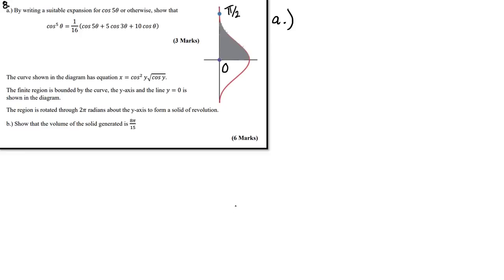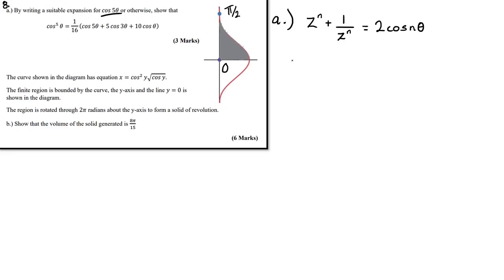Now what I'm going to do to start with is, we're looking for cos 5 theta here, and we want to show this result. So what we start with is, remember, z to the n plus 1 over z to the n is equal to 2 cos n theta. Now we can use this result to show this is true.